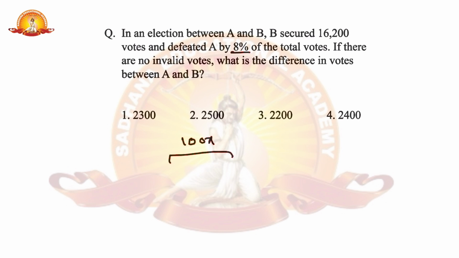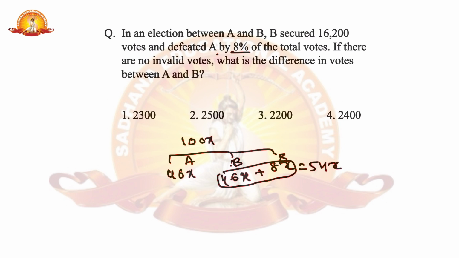Here, B is defeating A by 8%. Therefore, the difference is 8x. The remaining 92x is equally divided as 46x and 46x. So this is A's share, and B's share is 46x plus the extra 8x, which is the total share of B.